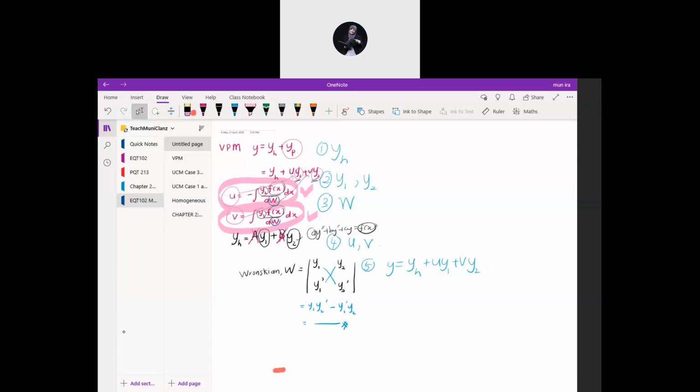Clear? Good. If you want to put focus, go to homogeneous, UCM and VPM. I want you to really understand how to get the solution. If you have b squared minus 4ac equals 0, what kind of roots do you have?